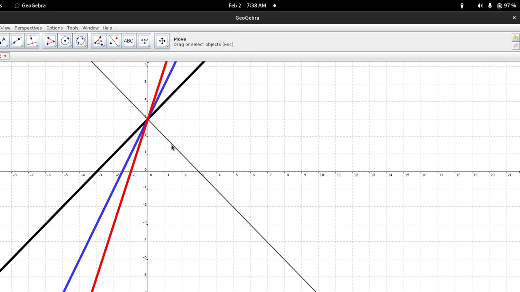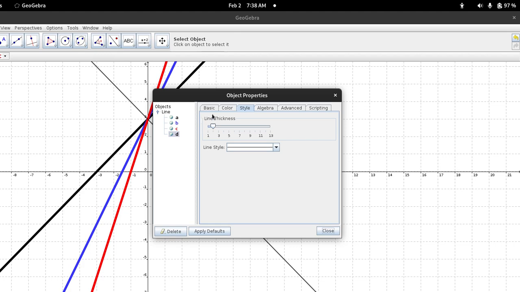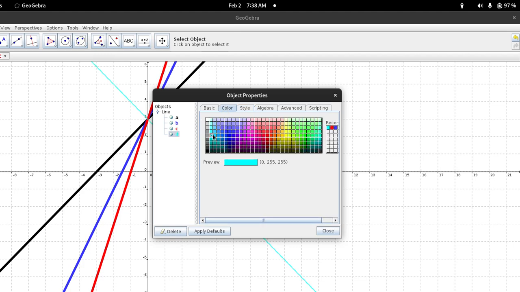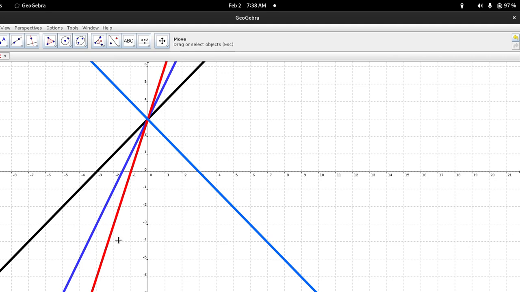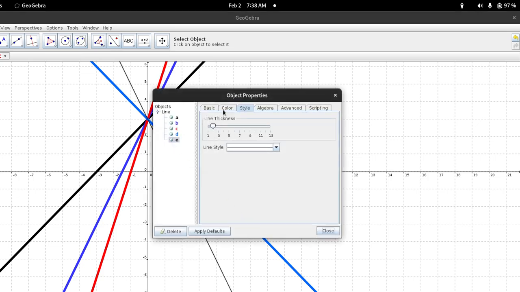Right, we plot this graph, y equals negative x plus 3. Make it thick. Let's put another one, y equals negative 2x plus 3. Right, we have yet another graph there.